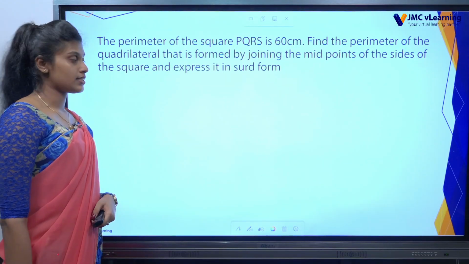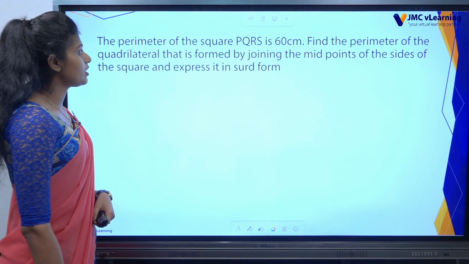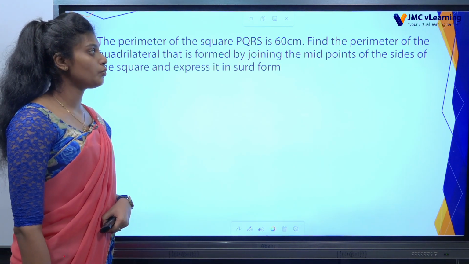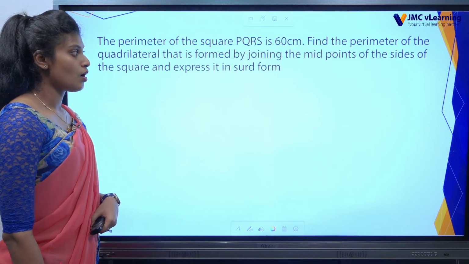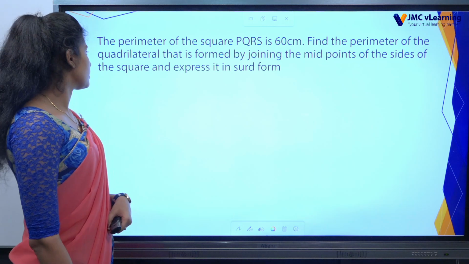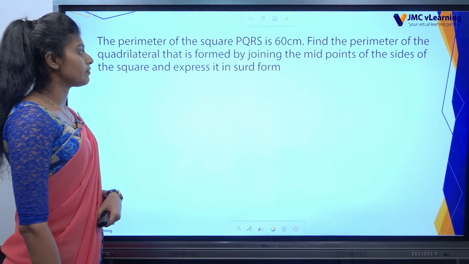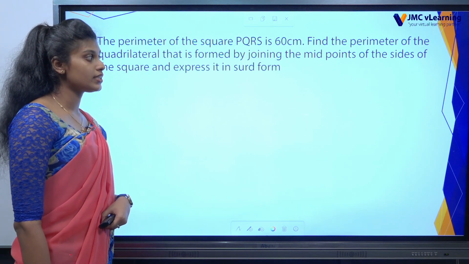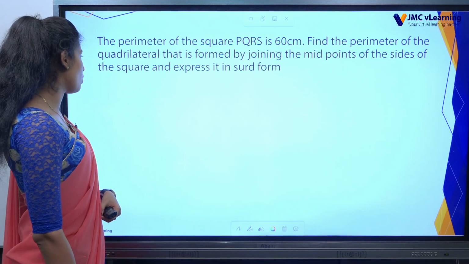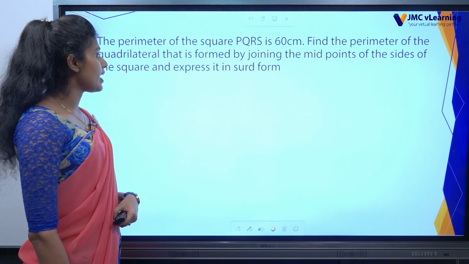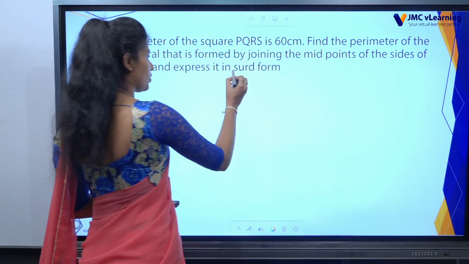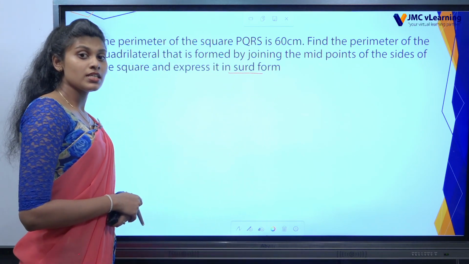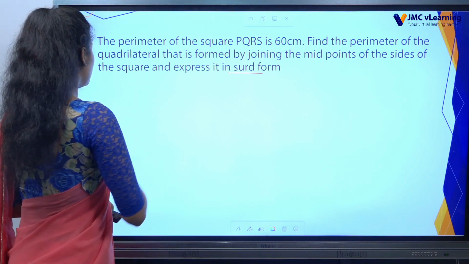Let's move to the next example. The perimeter of the square PQRS is 60 centimeter. Find the perimeter of the quadrilateral that is formed by joining the midpoints of the sides of the square and express it in surd form. That means you have to write the answer using the square root.